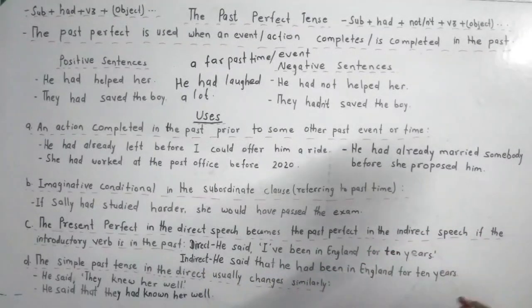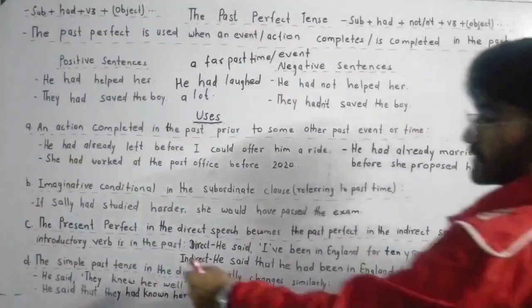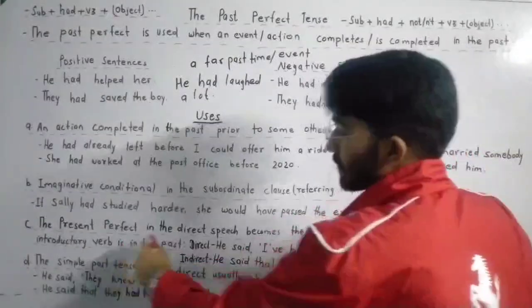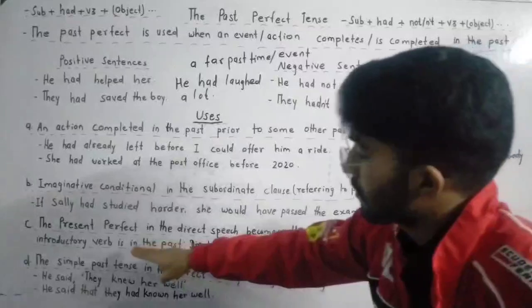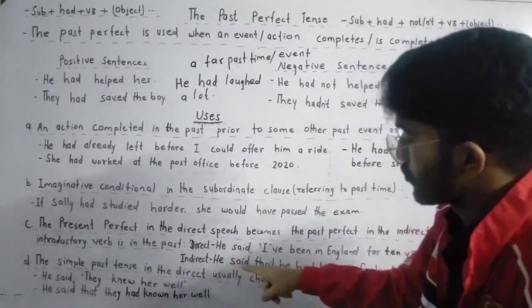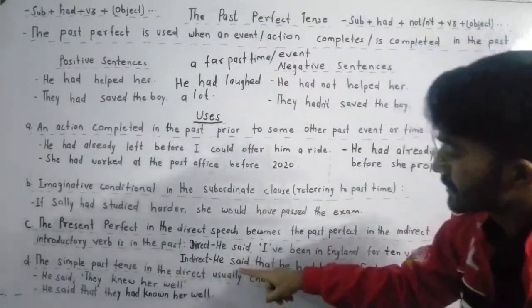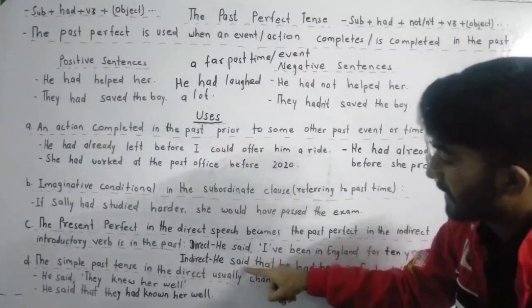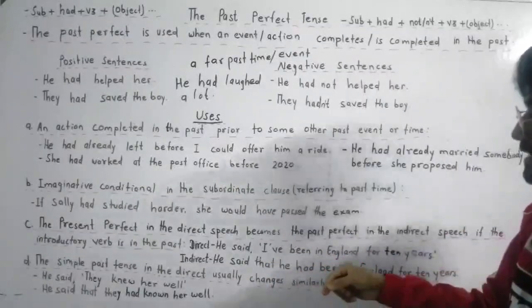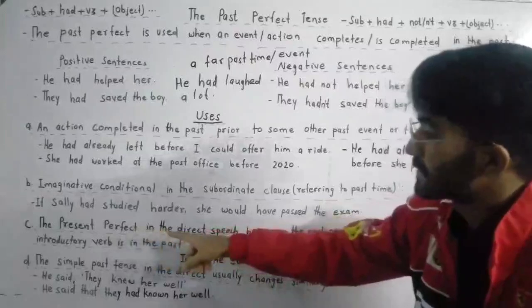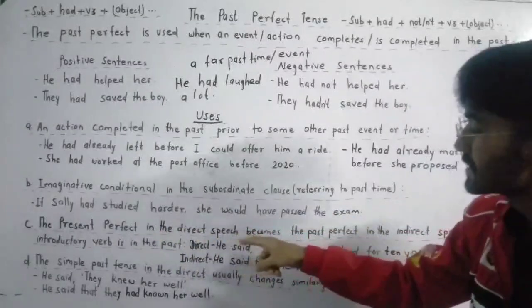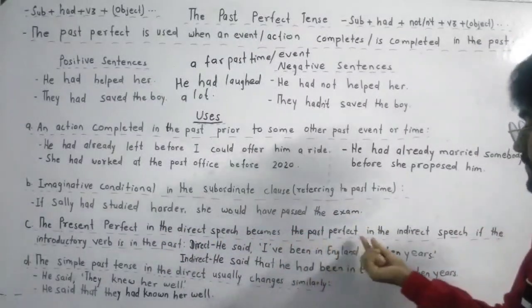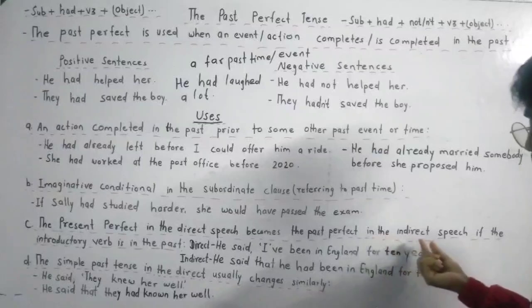So you can see, if the introductory verb is in the past, this one is an introductory verb, the present perfect in the direct speech becomes the past perfect in the indirect speech.